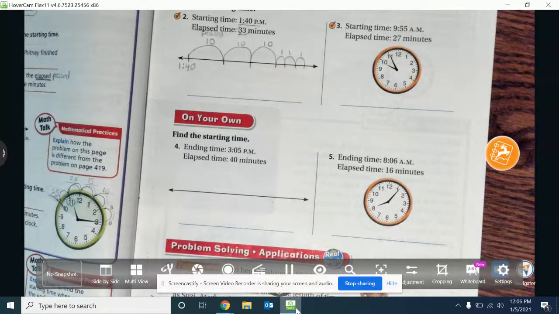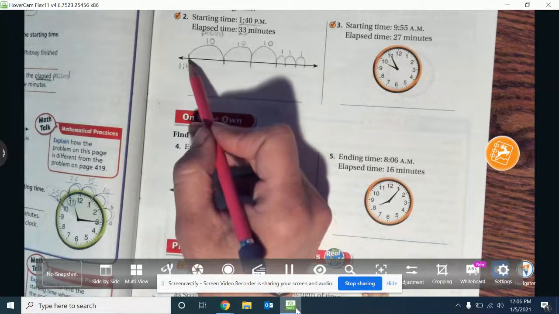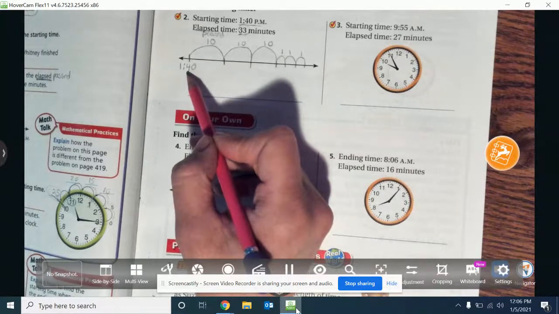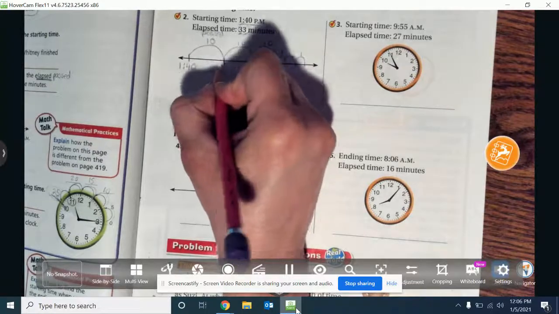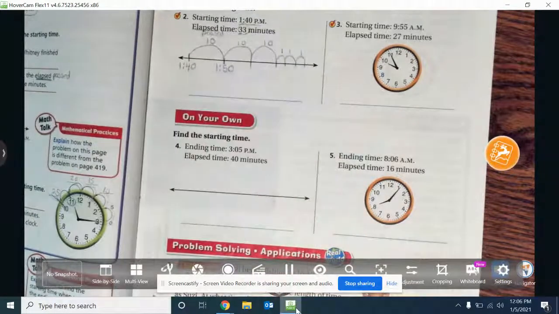Now we can go back into the hard part, which is labeling the number line. So if we add 10 minutes to a clock from 40, it turns into 50. So it will now be 1:50. So here's where the clock gets tricky.